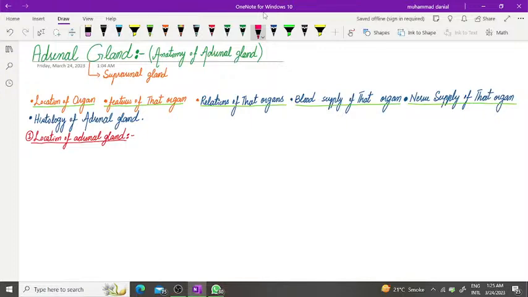There are basically two adrenal glands on the top of the kidneys. So adrenal glands are two in number.